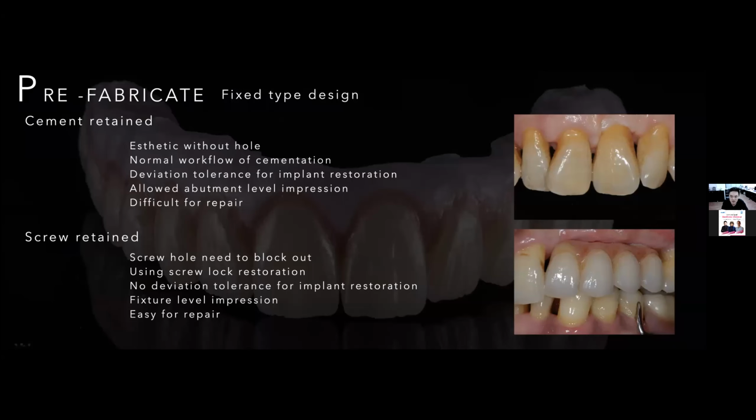Because with screw retain you don't have any range for position errors, but with cement retain you have a little range. Sometimes not every position is totally right, but you can also finish this job, because we use the cement to keep it, and the cement space is a little range.